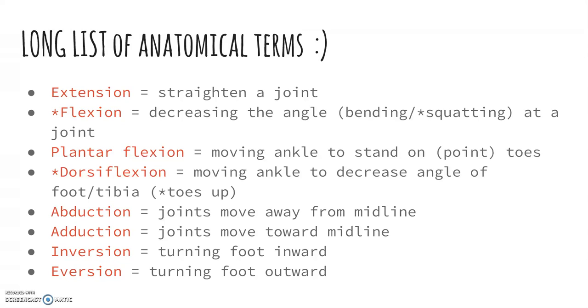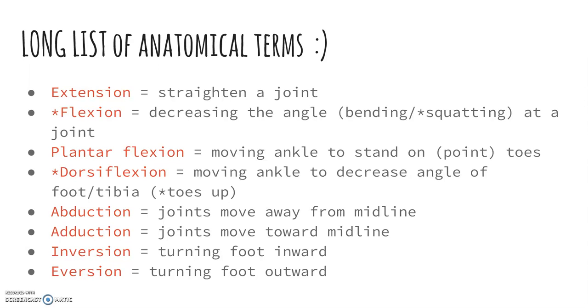So when you're squatting down, you're decreasing the angle of your femur and your tibia. That's a flexion movement. Also, flexing your biceps pulls your radius and ulna bones towards the humerus bone. So that's a flexion. Plantar flexion is moving the ankle so that you can stand on your toes. So if you get up on the balls of your feet, you're plantar flexing.